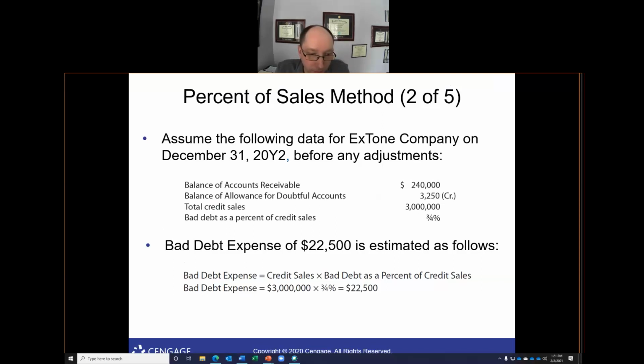So the estimate for our bad debt expense is $22,500. How did we get that amount? We took our total credit sales, total accounts receivable, times the percentage that we estimated, which is 0.34%, which equals $22,500. $22,500 is the amount that I estimate that I will not be able to collect.